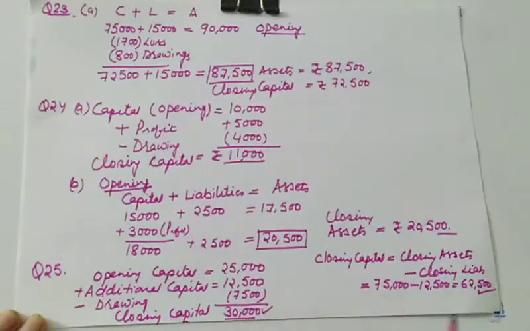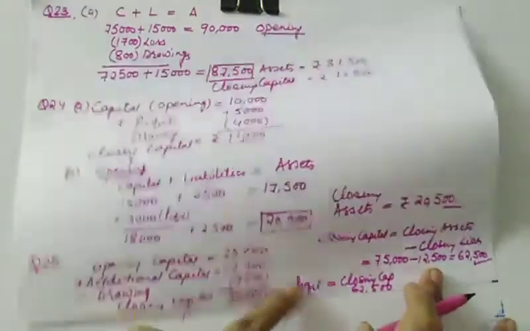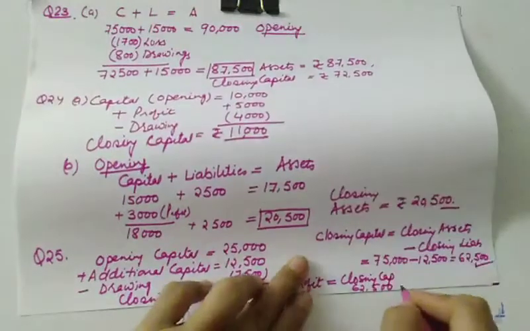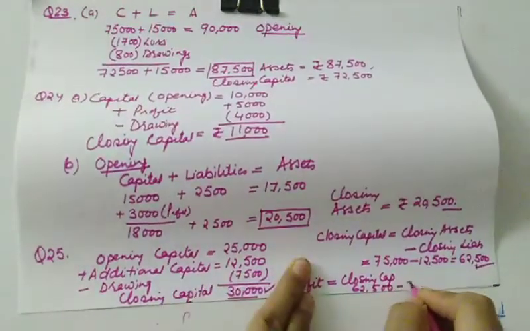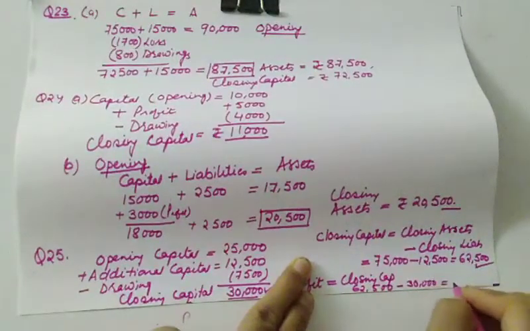So according to this, closing capital should be this, while according to us, closing capital is this. The difference between these two is your profit. So we can write down here, profit is equal to closing capital, which is given to us as 62,500, minus 30,000, which is according to our calculation.